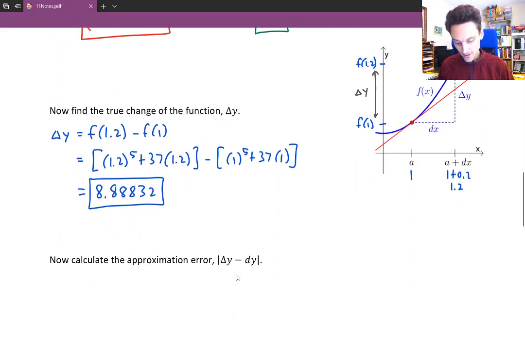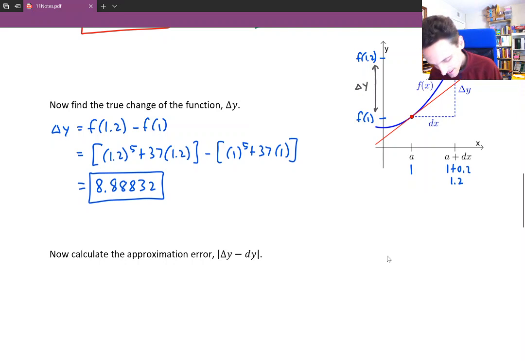In fact, let's calculate that. So it says now calculate the approximation error, which is the absolute value of delta y minus dy. So that's the difference between the true change in the function values and the approximated change in the function values given by the tangent line.